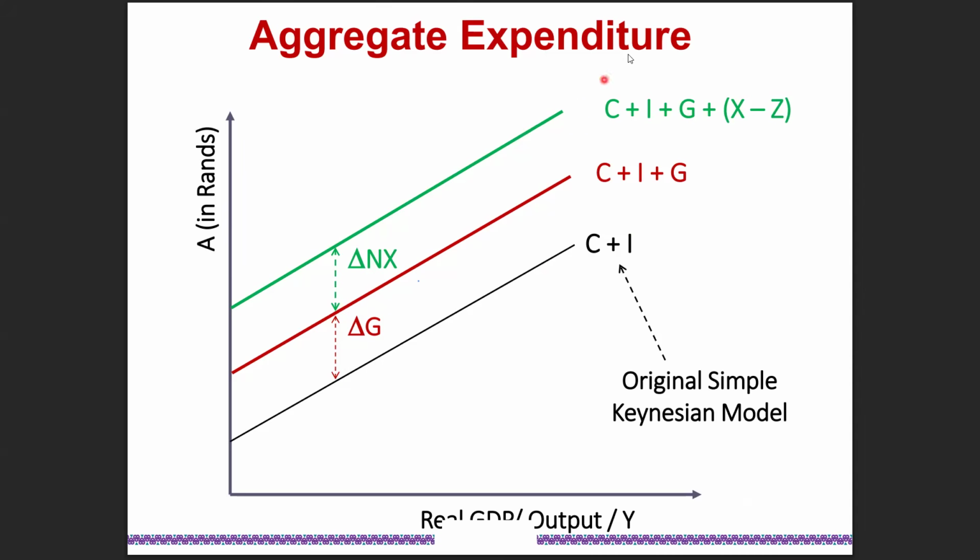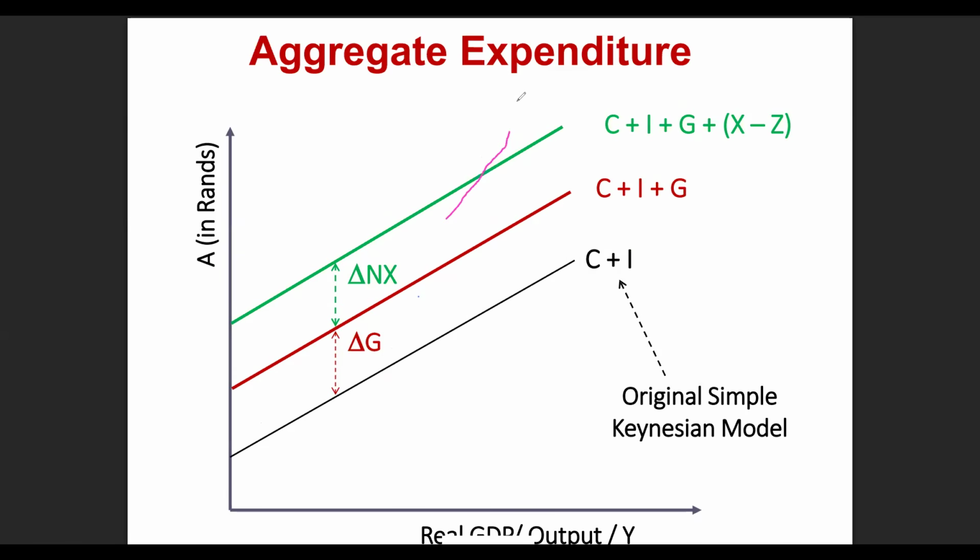And as it increases, obviously our income as well as aggregate expenditure also increase. Because if I were to draw the 45-degree line here, you will see that the equilibrium was here, now it is here, now it is here. So you can see that income is increasing as well as aggregate expenditure.